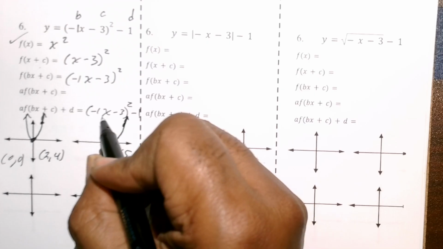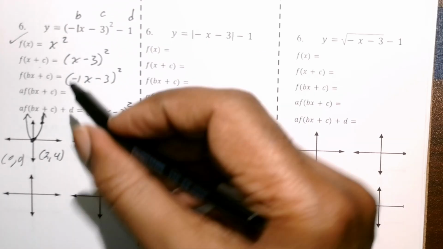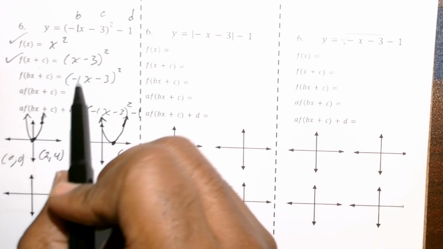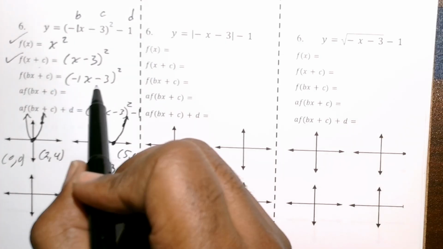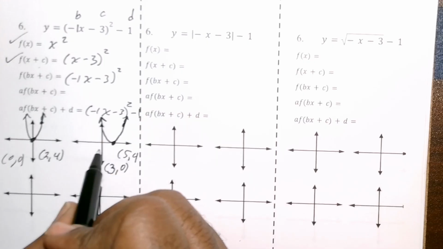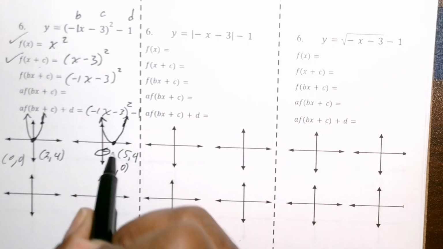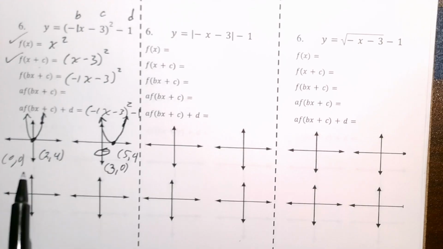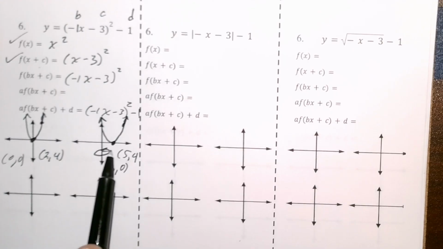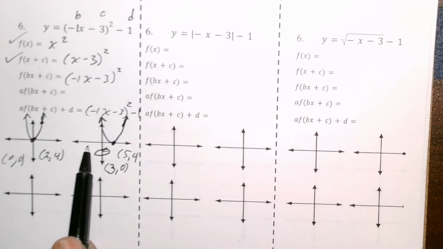Okay, next. Putting a -1 on the x gives us a rotation or reflection about the y-axis. So everything on the left side goes to the right side, everything on the right side goes to the left side. So the 3, 0 will go to the other side, the left side, and become a -3, 0.